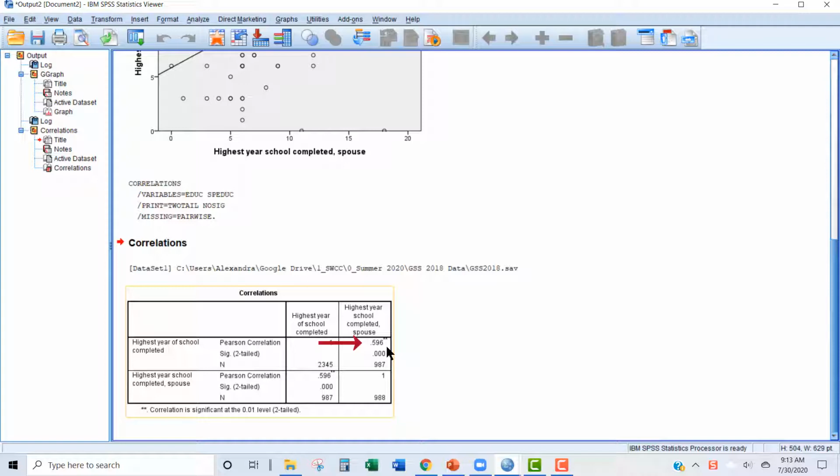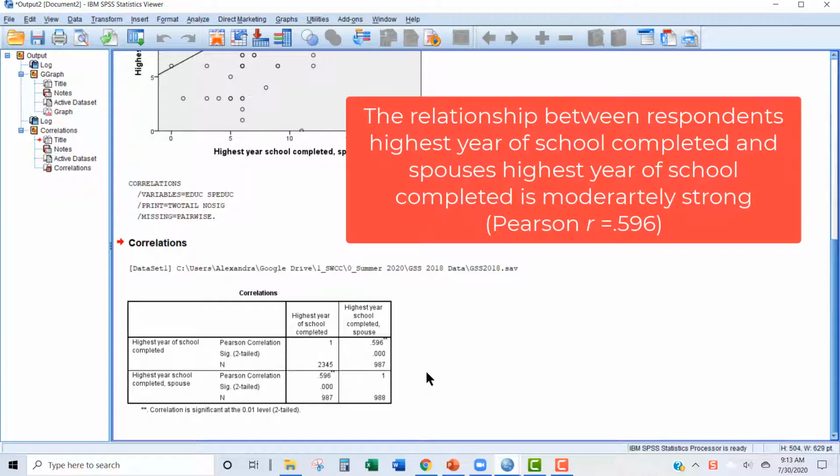A value of 1 is perfect. So 0.596, that's in the middle, so moderately strong. So this would be the first thing we would report. We can say that the relationship between someone's education and their spouse's education is positive and moderately strong. Pearson's R equals 0.596.